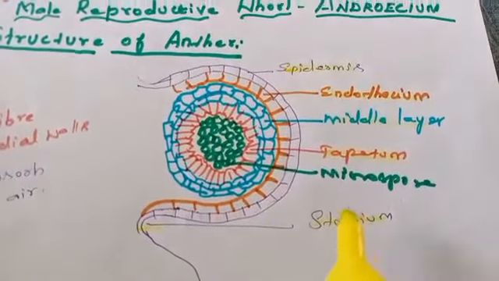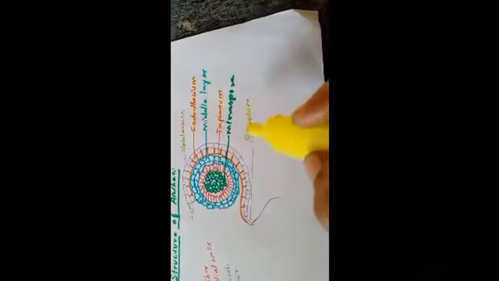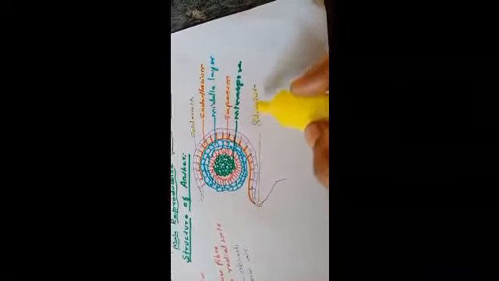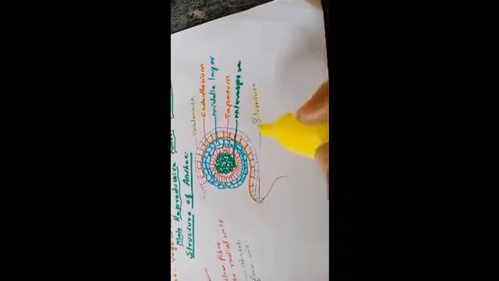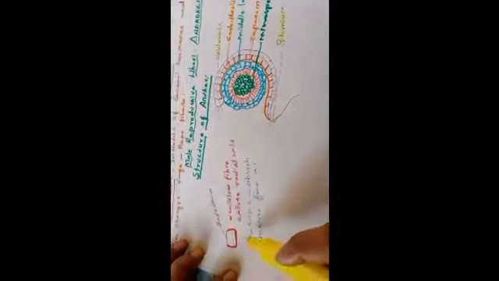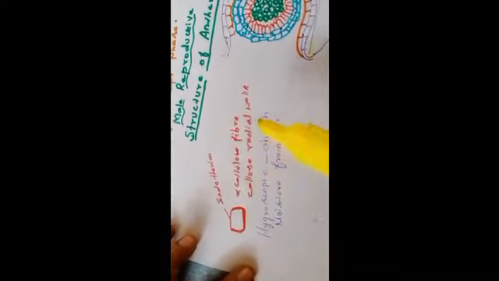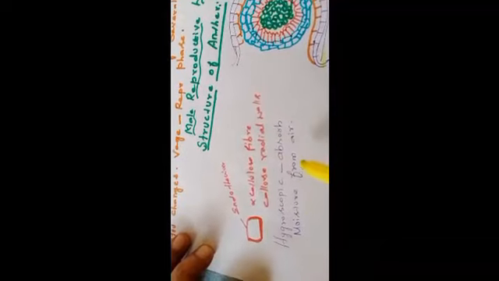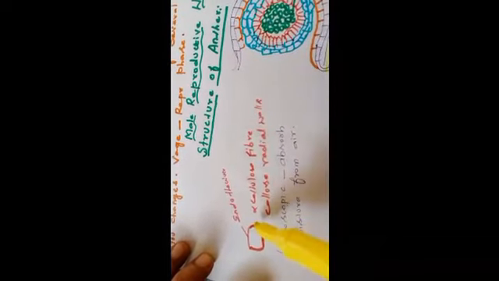Stomium. Now, what is the importance of stomium? In stomium only, dehiscence takes place. Next, endothelium is hygroscopic in nature. What is meant by hygroscopic? It absorbs moisture from air, with the help of this fibrous thickening.